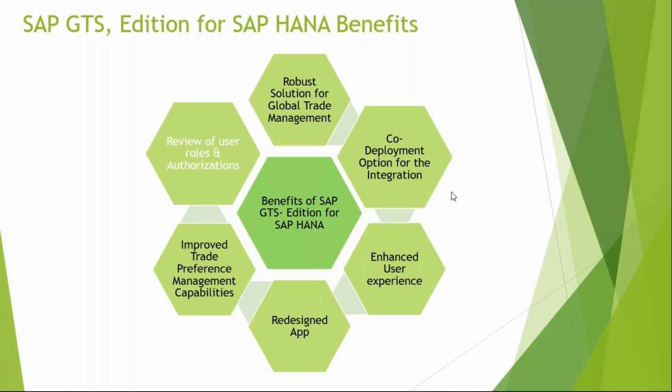Apart from this, there are other benefits as well which I have not listed. Example, SAP has improved the integration with SAP transportation management and extended warehouse management when it comes to integration with SAP GTS. SAP has also improved SAP S/4HANA order to cash process, where if you go to sales order line item, in the line item level we have a tab called status.